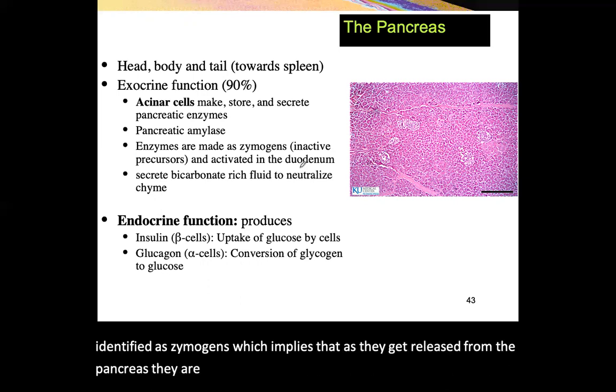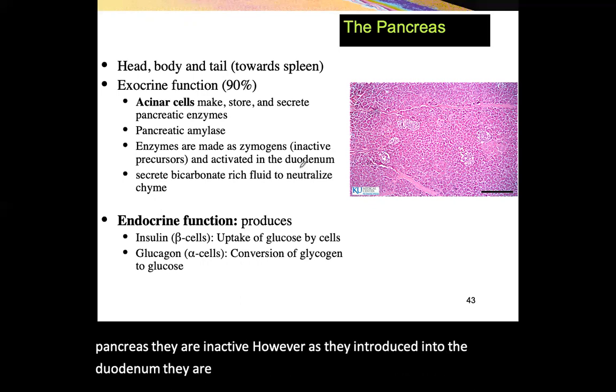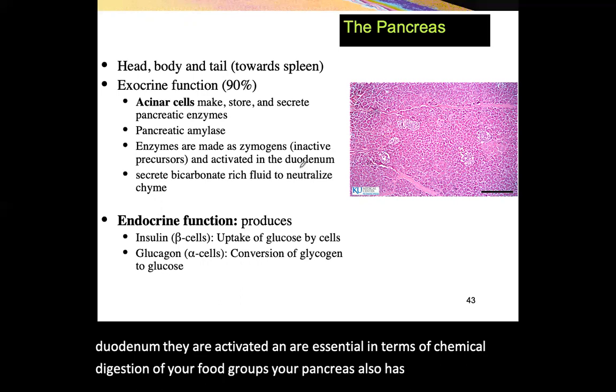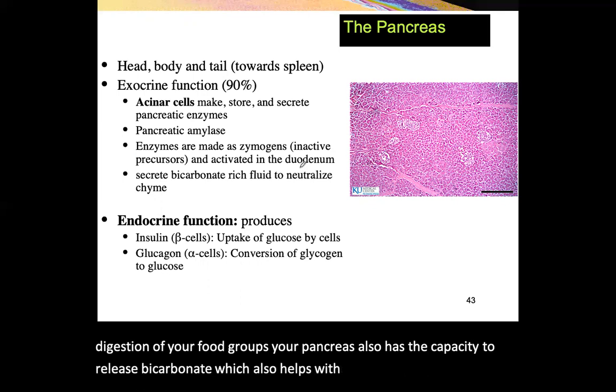However, as they are introduced into the duodenum, they are activated and are essential in terms of chemical digestion of your food groups. Your pancreas also has the capacity to release bicarbonate, which helps with neutralizing the acidic environment of the stomach.